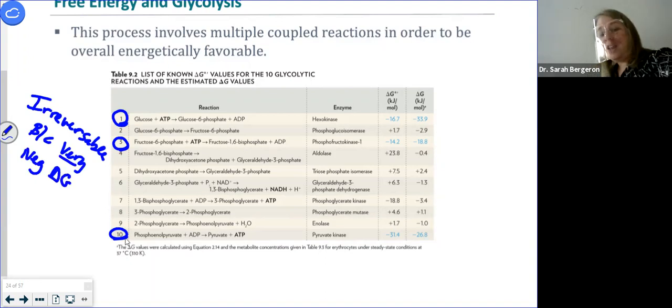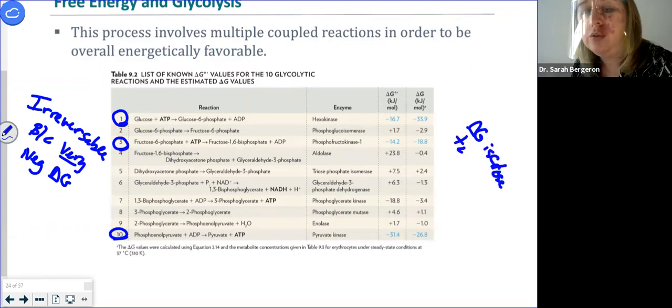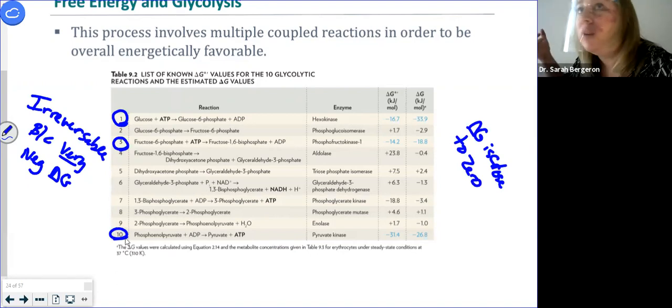Do you see how all the other ones are really close to 0? Either they're a little bit negative or a little bit positive. That basically means that all of those reactions are reversible. So if delta G is close to 0, that means that it is basically at equilibrium, right?